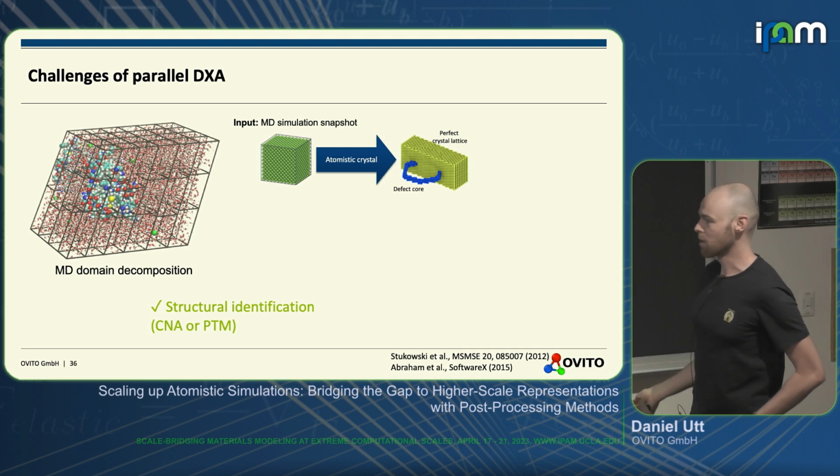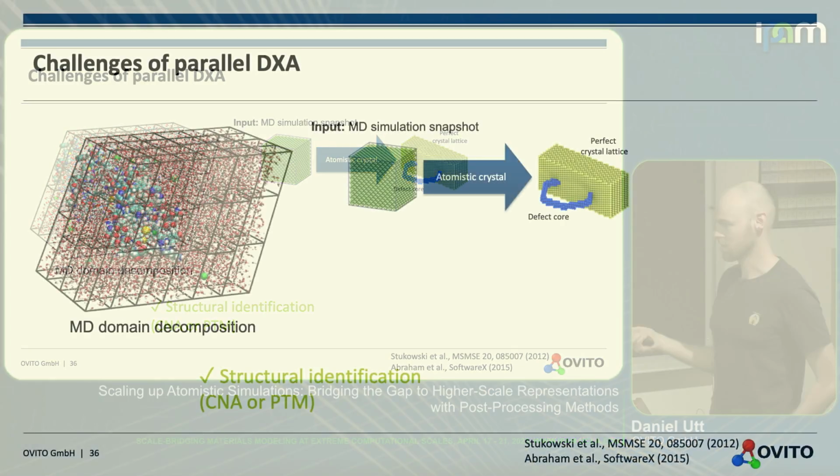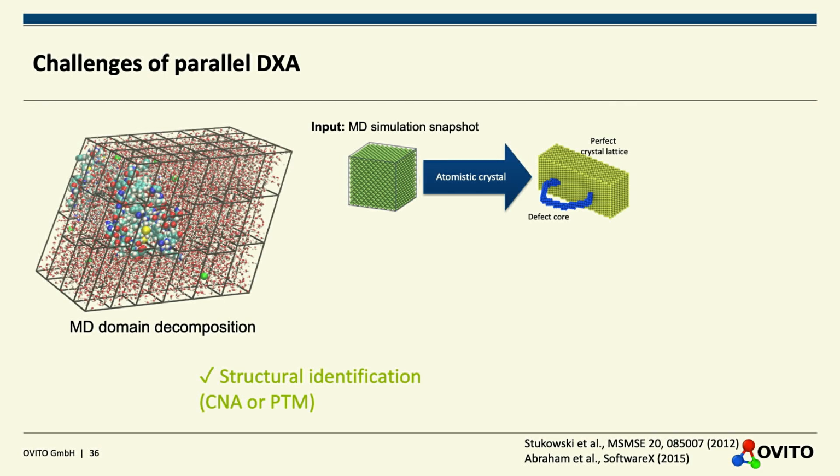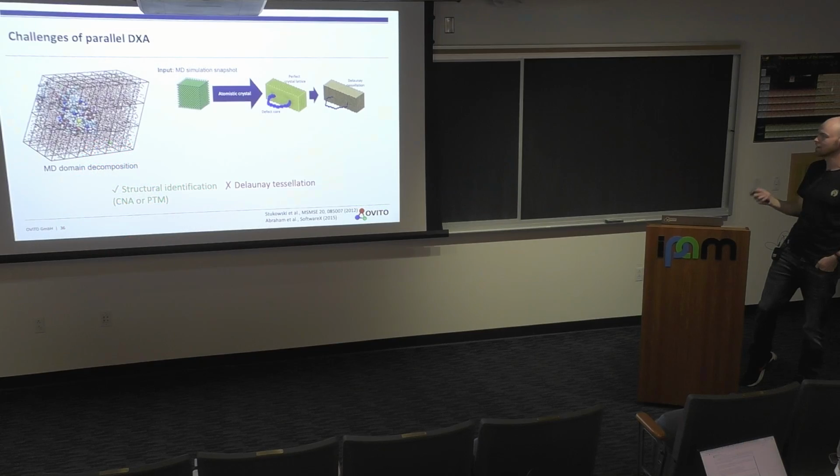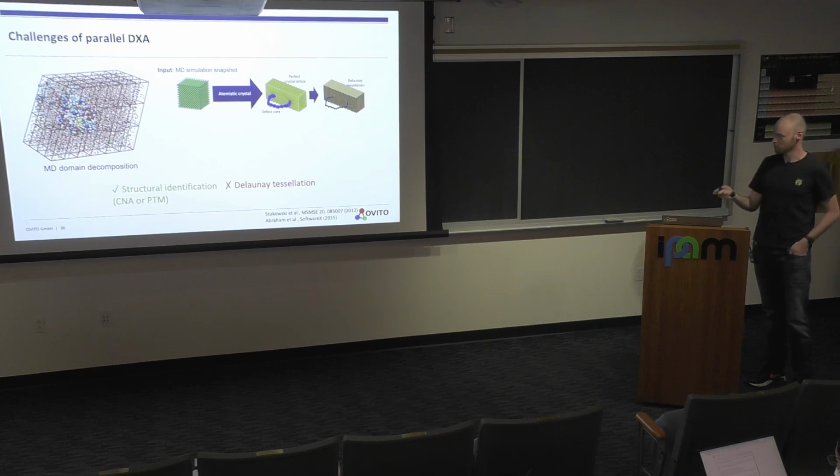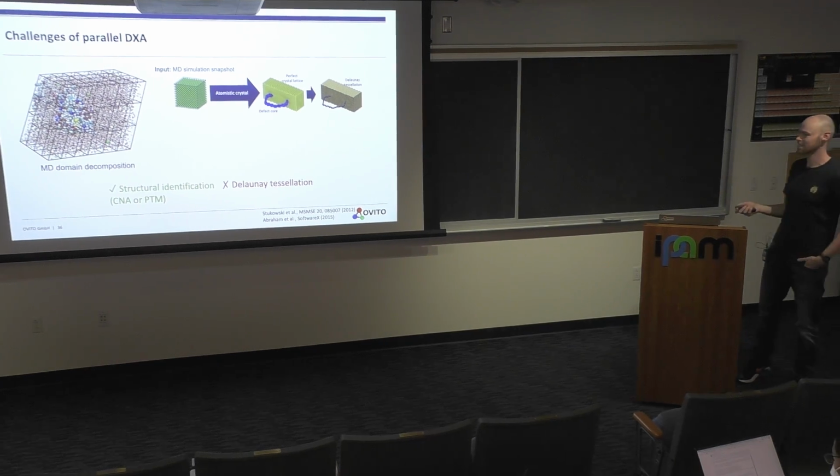This is not really a problem for the first step of DXA, namely structural identification. Crystal structure only depends on a very localized set of atoms, so a very small volume. Usually the domain and its ghost layer surrounding it is entirely sufficient to run structure identification. However, the second step, as you remember from before, is a space-filling tessellation.